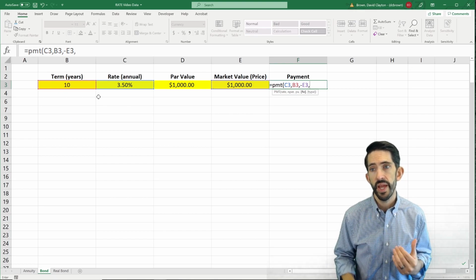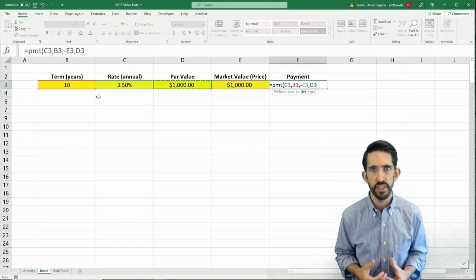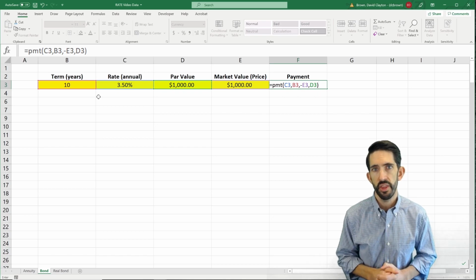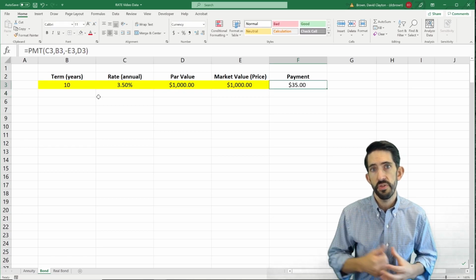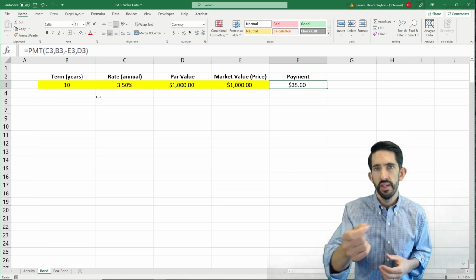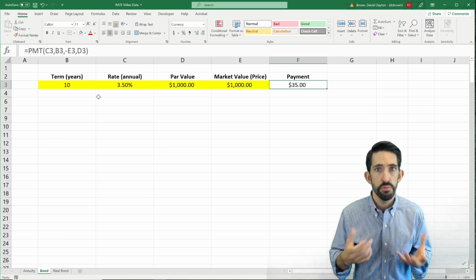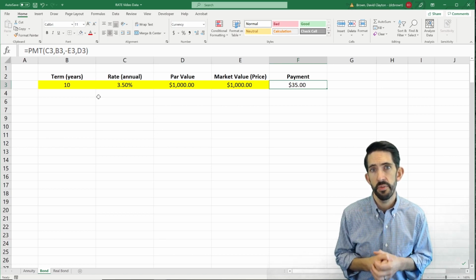And then when it pays back, the future value is that par value, or we also call it the face value. So once we plug that all in, we see that the payment on this bond is $35 a year, which makes sense because that's 3.5% of our $1,000 par value, or face value. So that's the simple way we calculate a payment.